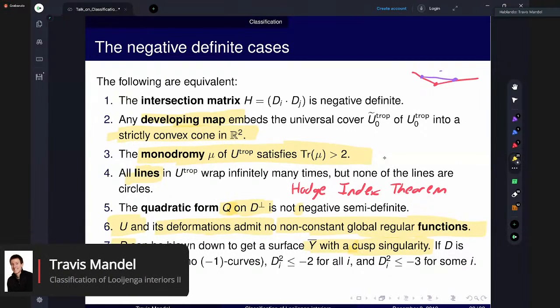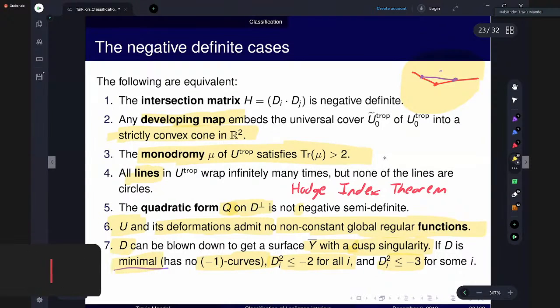If D doesn't have any -1 curves, in which case we'll say D is minimal, then you have D_i squared is less than or equal to -2 for all i, and it's strictly less than -2 for some i. I mentioned that before when I talked about developing maps that look like this. Okay, so these are the negative definite cases.